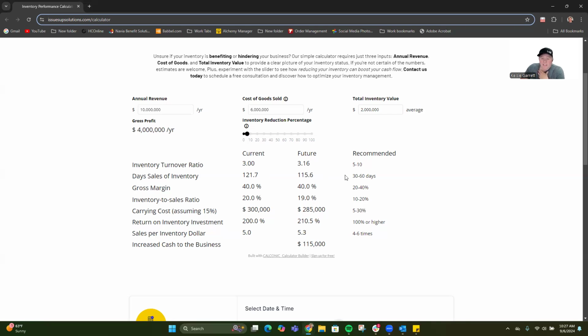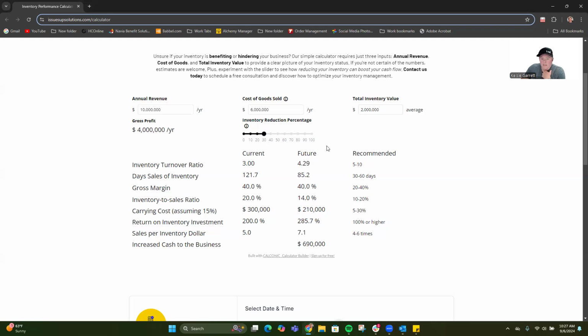And when I look at this, I should probably be at 30 to 60 days of inventory. I'm at 121 days. And obviously I've got higher carrying costs, stuff like that. So I'm like, I wonder what happens if, say, I reduce it by, say, 30%.